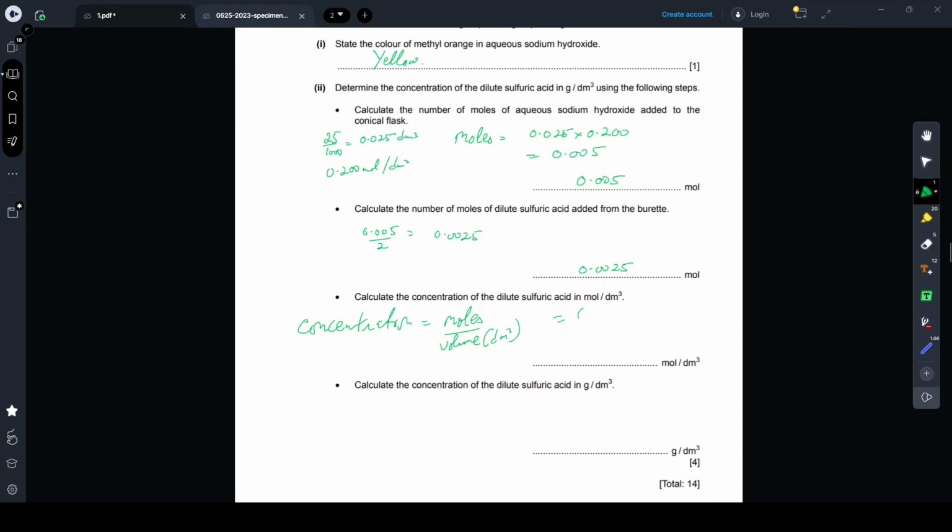So that would be 0.0025 divided by 20 into 1,000. Why is it into 1,000? Because it was 20 over 1,000. So 0.0025 divided by 20 will give us 0.125? Yes. Okay.